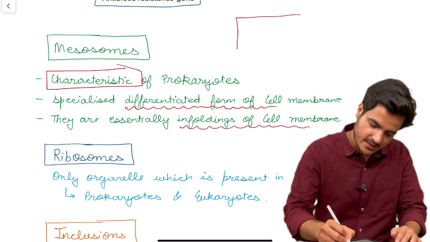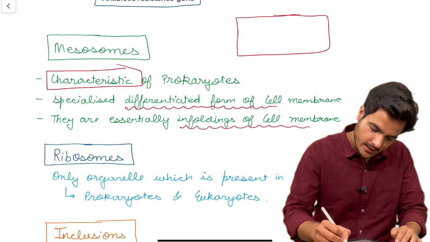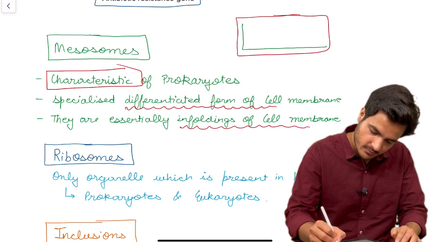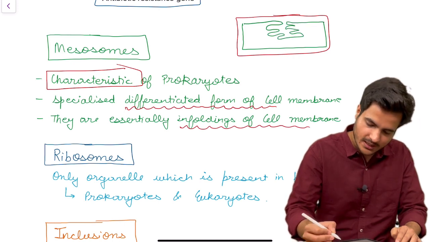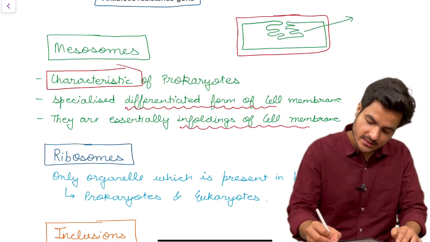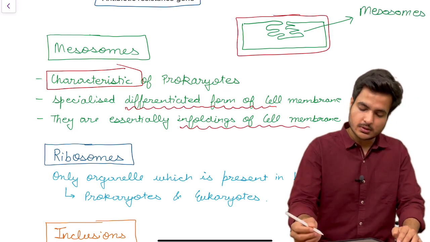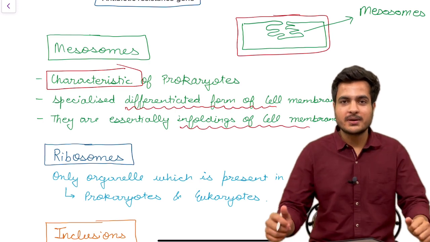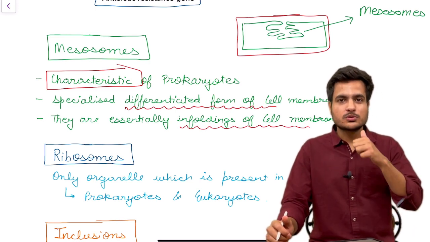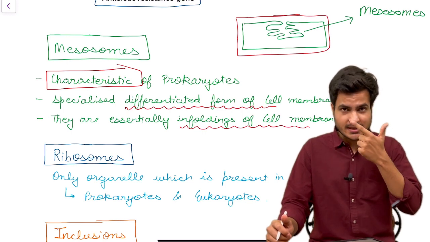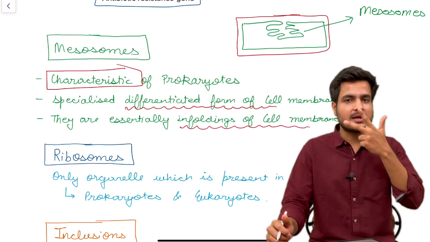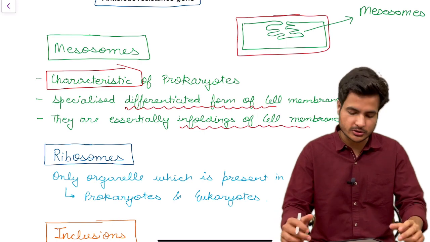If we have this as a cell wall and this as a cell membrane of a bacteria, at some places this would invaginate into the cytoplasm and would be differentiated to form mesosomes. So three important things you need to remember: a mesosome is a specialized differentiated cell wall which has invagination into the cytoplasm and is a characteristic feature of prokaryotes.